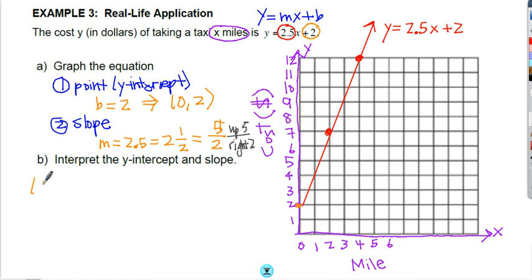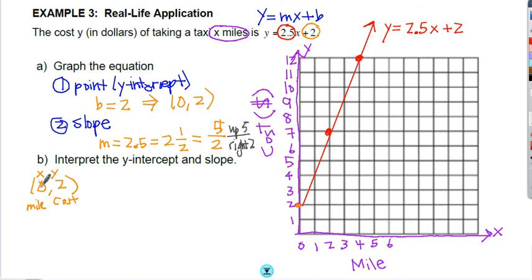If the y-intercept is 0 comma 2, and we know that the x-axis is the miles, it means you have 0 miles. And 0 miles means the taxi hasn't gone anywhere. You have not driven any miles. And the y value is the cost, so the 2 stands for the cost, which is in dollars.